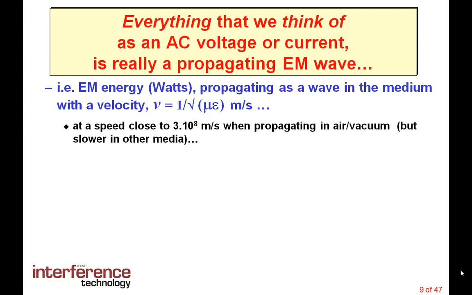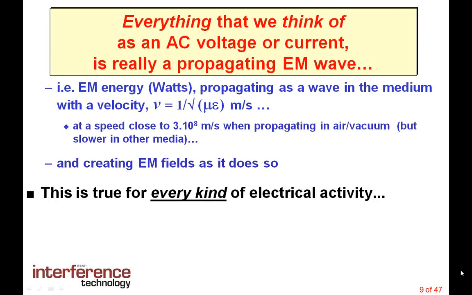When you have other media that aren't air or vacuum, like plastic or fiberglass or wood or whatever, or water, then either the permeability or the permittivity is higher, and the result is a slower speed. And as this energy propagates as a wave, it creates electromagnetic fields. And this is true for every kind of electrical activity.